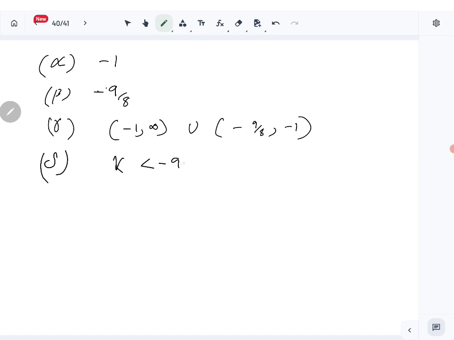Less than minus 9 over 8. So minus infinity to minus 9 over 8. Right. So that is the full answer for question number 14, part A. Right. So then we'll do the second part, part B of this question next.